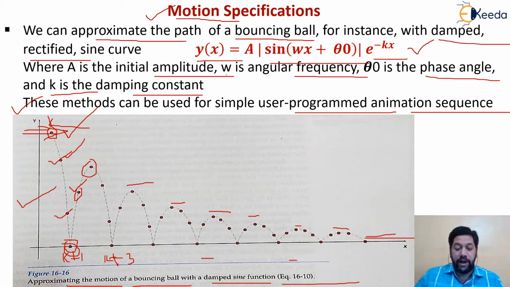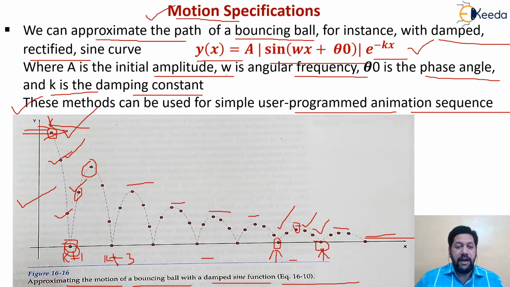Now suppose I consider this point one of my keyframes, and this another keyframe. Look at the diagram: both keyframes are at the same position, but I have to generate the motion between them. So I may take this as one of my keyframes and add the in-between frame of the ball, and only then can I achieve this motion, moving in this direction and then settling down.